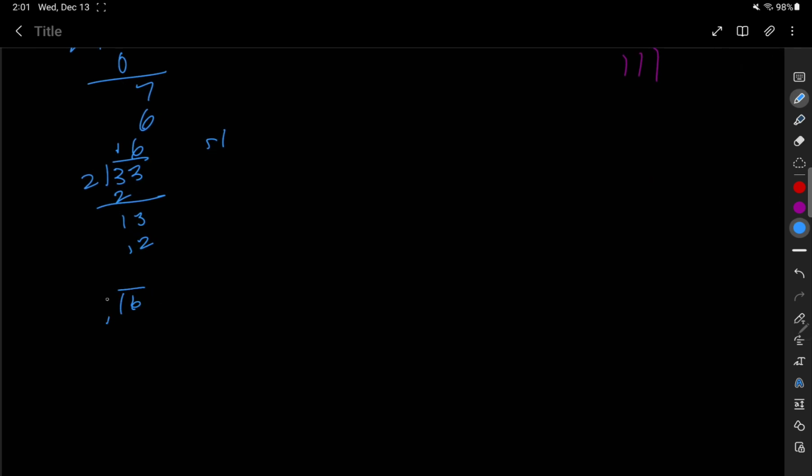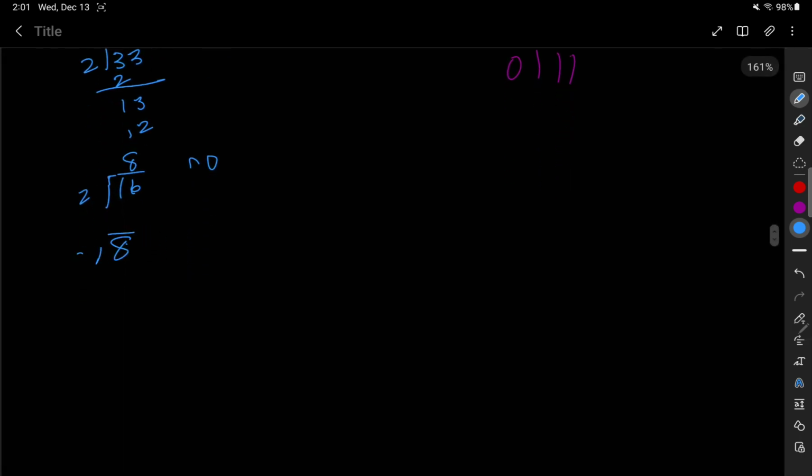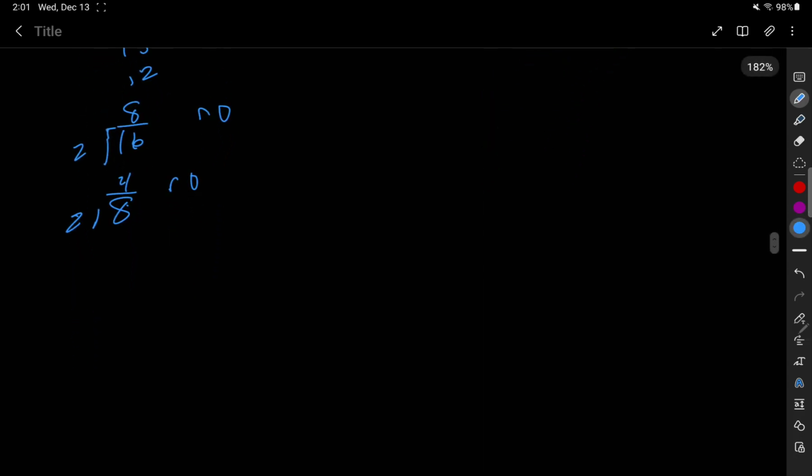So 16 divided by 2 goes in 8 times, remainder of 0. So we have 3 ones and then 0. Then 8 divided by 2 is 4, remainder of 0. Once again, put that remainder over there. I know it's a little bit messy, but this is pretty impromptu.